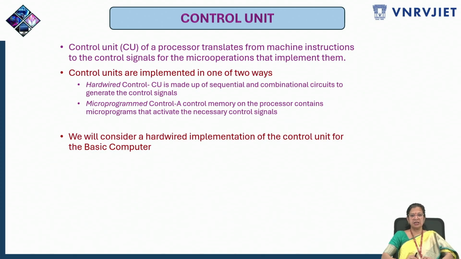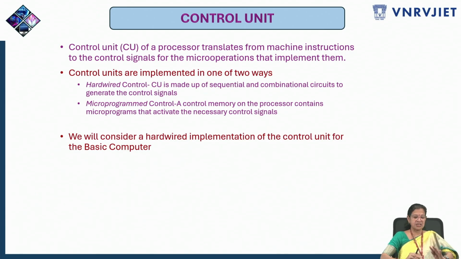We will be considering the hardwired implementation of the control unit for the basic computer. The basic computer has limited hardware and limited functions, so it is easy to implement in hardware. As we compare with the microprogrammed control unit, there are certain limitations as well as advantages.